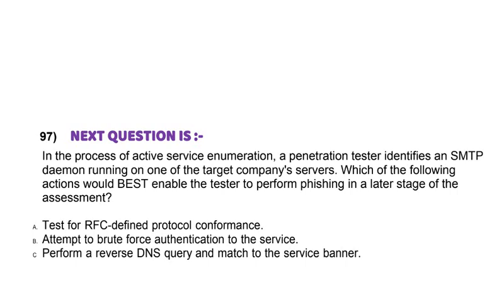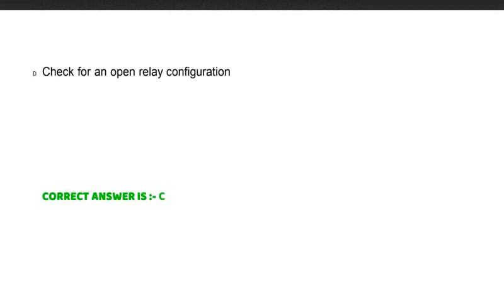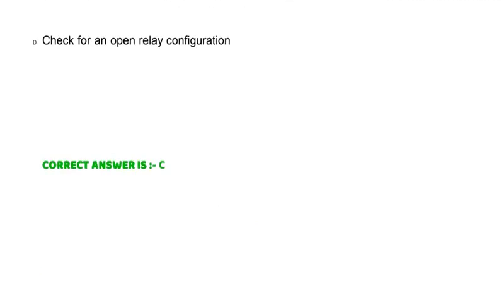Option A, test for RFC-defined protocol conformance. Option B, attempt to brute force authentication to the service. Option C, perform a reverse DNS query and match to the service banner. Option D, check for an open relay configuration. Correct answer is option C.